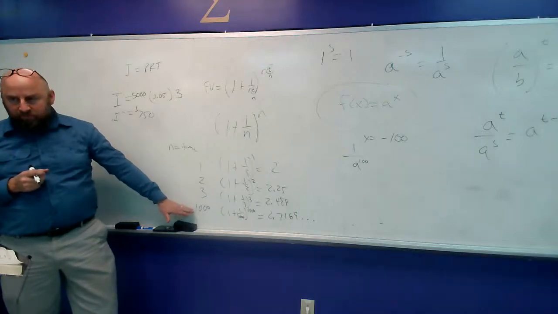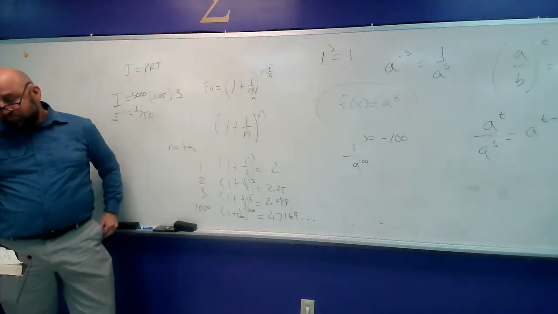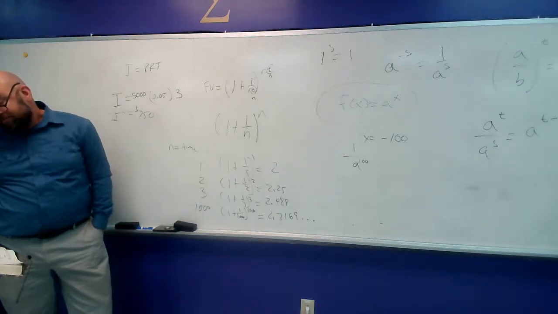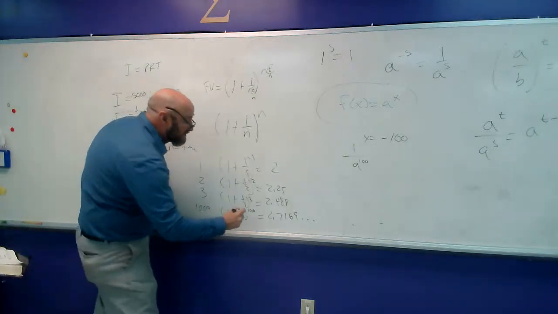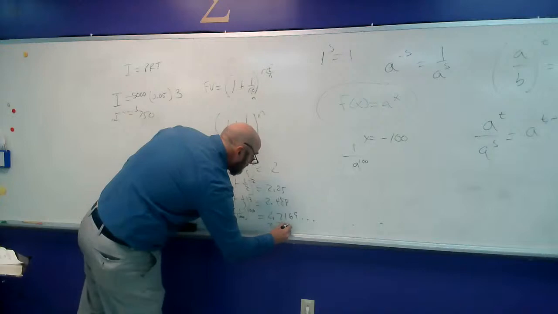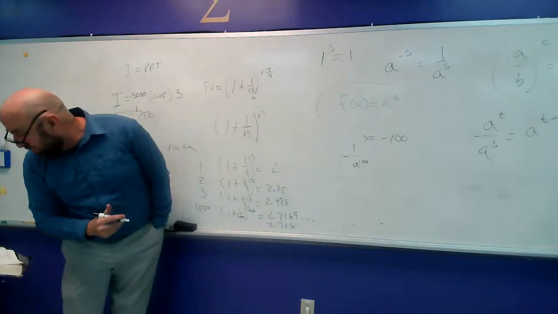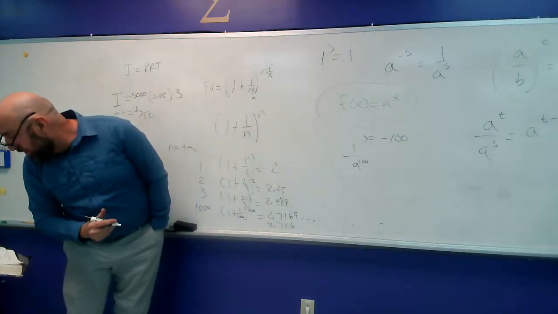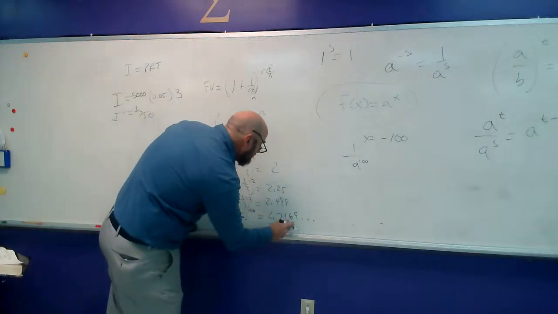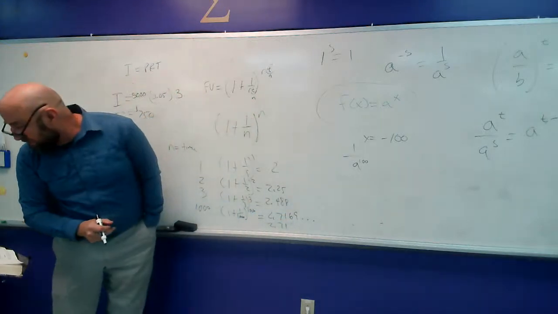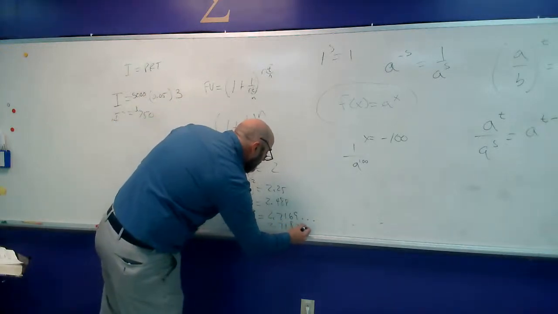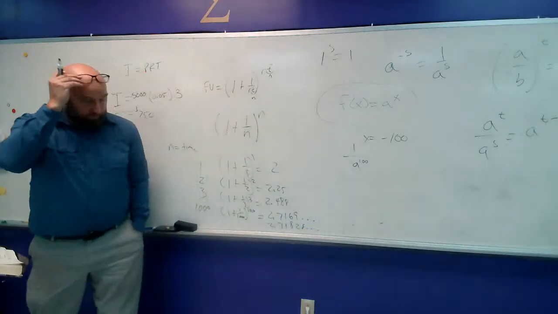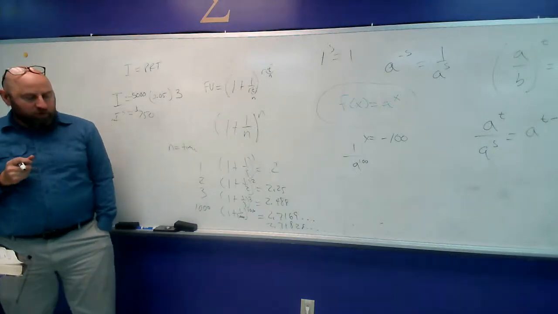And from 1,000 to a billion, it only changes to this. Is that 2.9, right? Oh, this is wrong. This is, no, yeah, 2.71828.